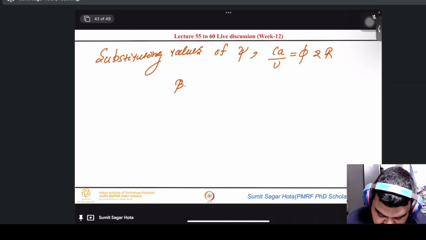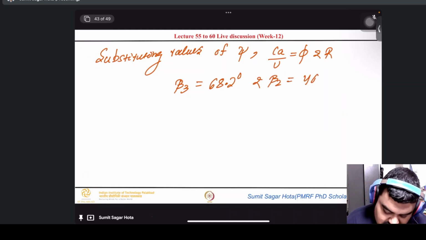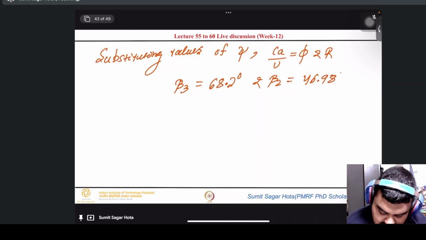We found out beta 3 as 68.2 degree and beta 2 is equal to 46.98 degree.